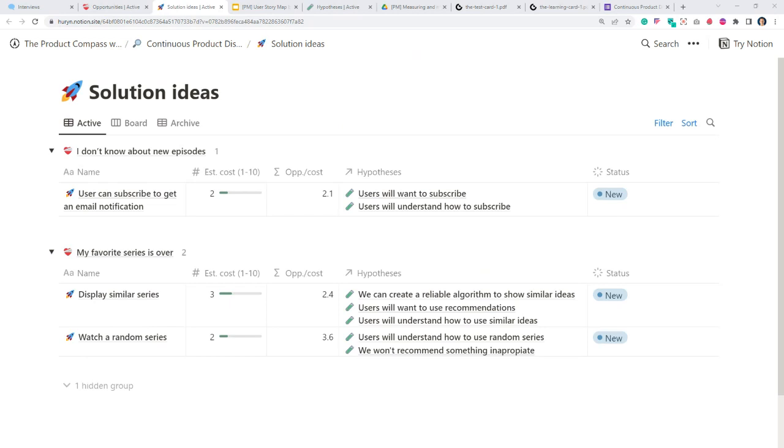So for example, I know that shooting a rocket to the moon will be way more costly than running a train between two cities. So we would like to make a relative estimation between the ideas that we have on the list to account for this economic perspective.